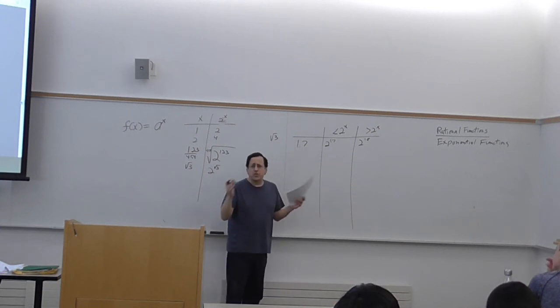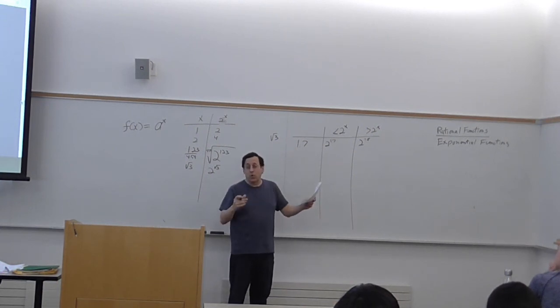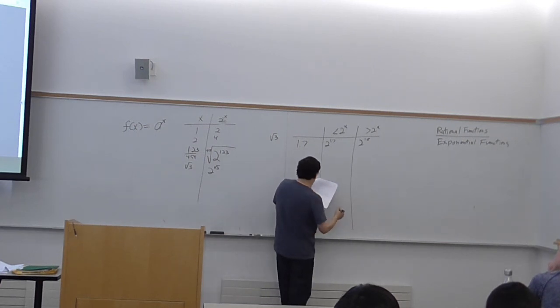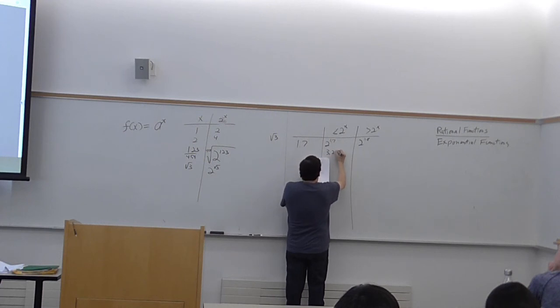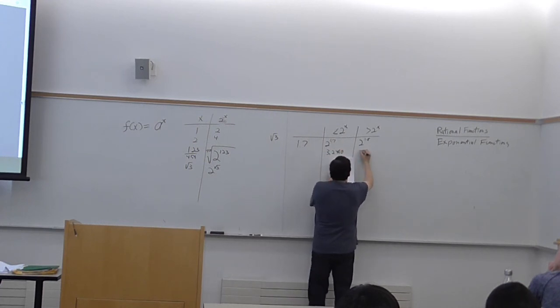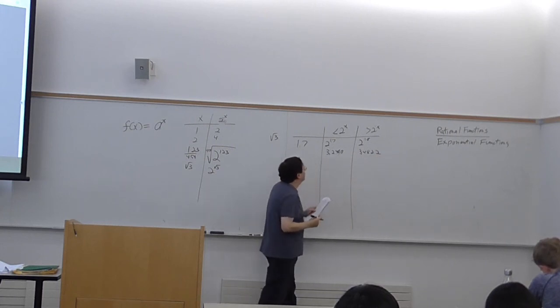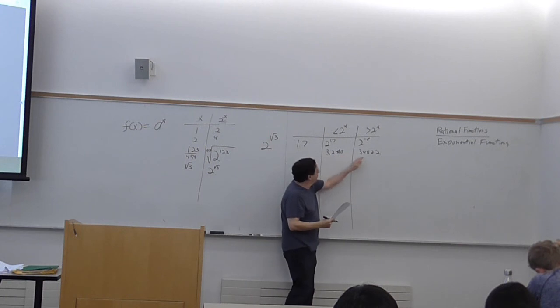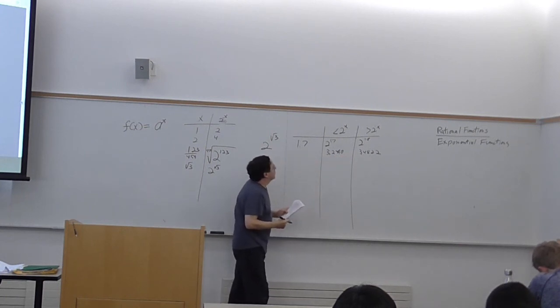Remember, it's an increasing function, so if I take points on either side of my point, I know they'll be less than or greater than. So this has a value of 3.2490, and this has a value of 3.4822. So I know 2 to the square root of 3 is between these numbers.